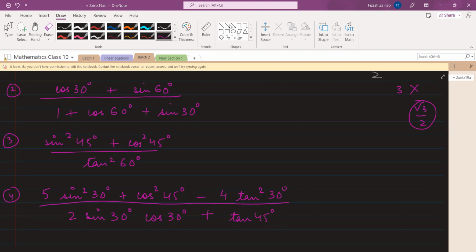Aman, have you got root 3 by 2 for the second question? Yeah. Okay, now try the third one. Ma'am, 1 by 3. Yes, 1 by 3. So if anybody is not getting the answer, please tell me, then I'll solve it.